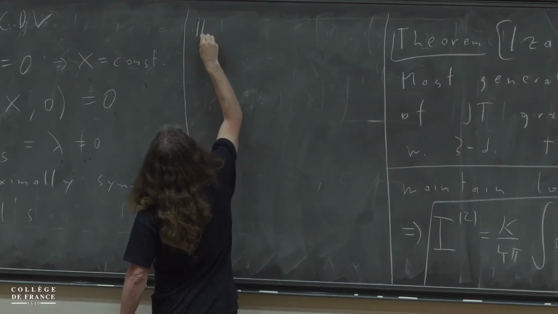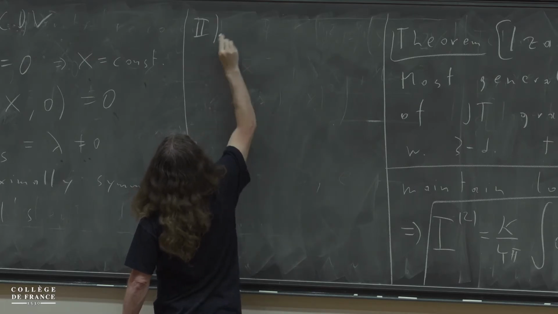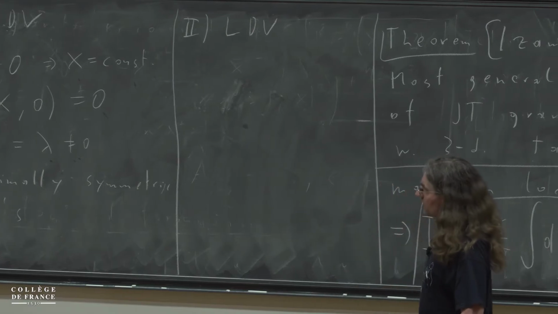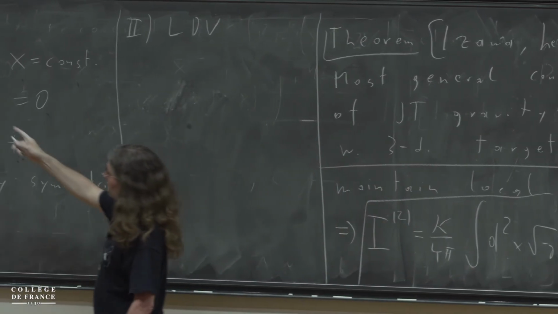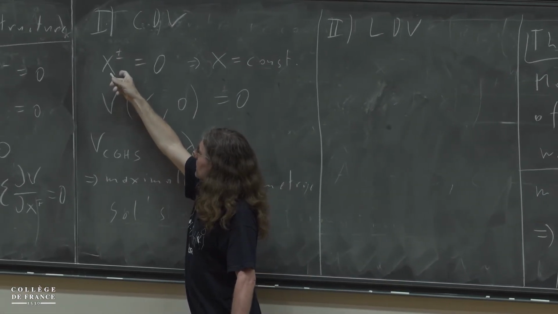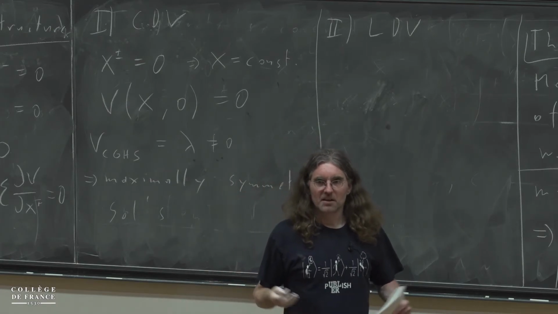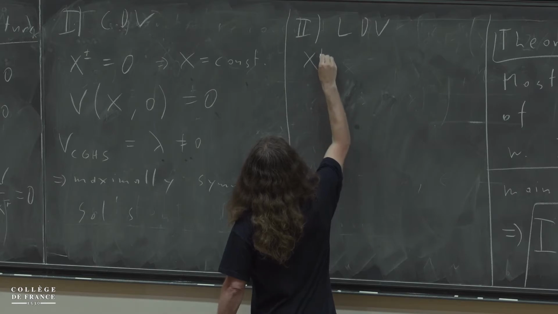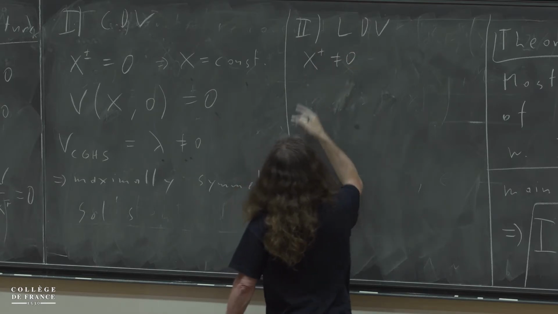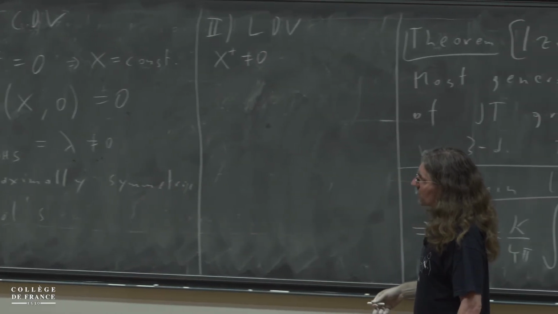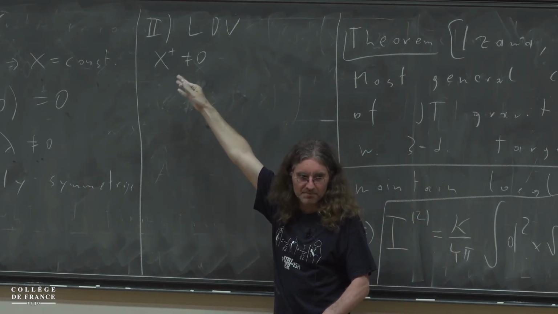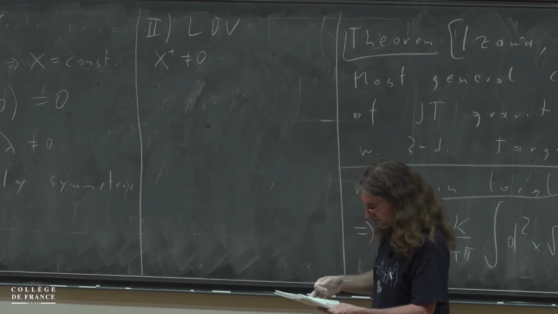Instead, I consider the linear dilaton vacua. And since we now assume that not both of these target space coordinates vanish identically, let's assume without loss of generality that X plus is not equal to 0. If X plus happens to be 0 everywhere, but X minus is non-zero, we just replace everywhere the plus by minus index and proceed in the same way.